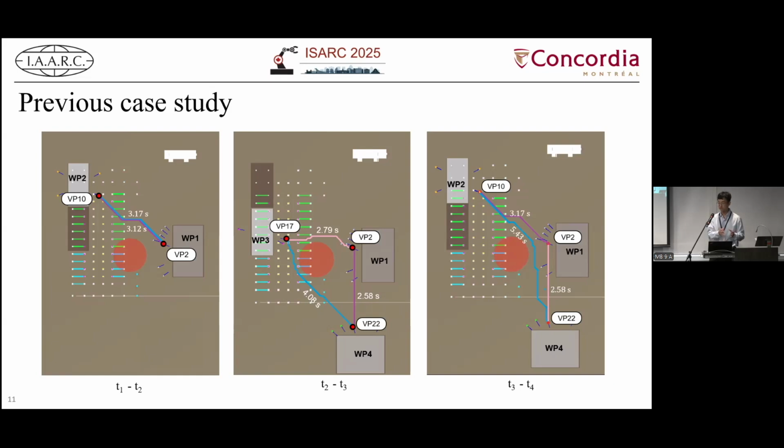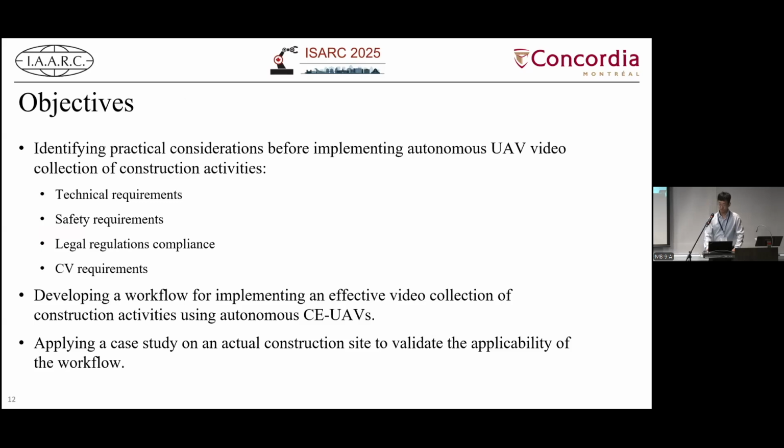However, to bring this from the simulation to the real world, there are multiple limitations we need to resolve, and also some practical considerations. So in this work, our objective is to identify the practical considerations before implementing autonomous UAV video collection of construction activities.